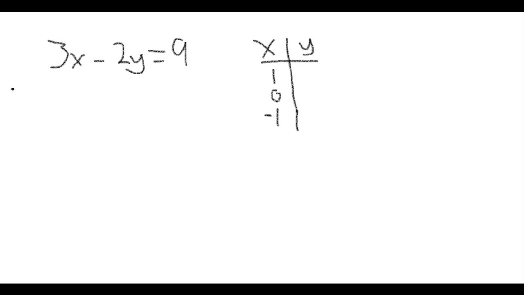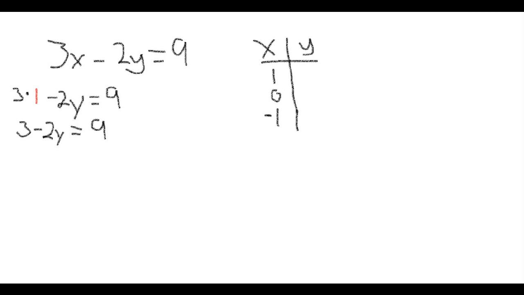So let's plug it in for x. So we have 3 times, we're using positive 1 here for x, minus 2y equals 9. 3 times 1 is 3, minus 2y equals 9.